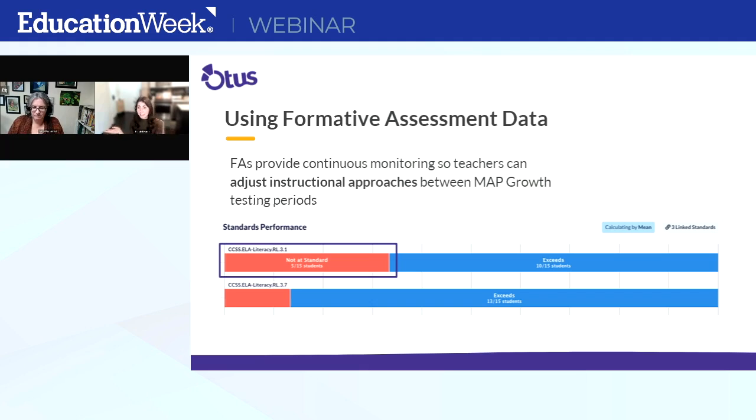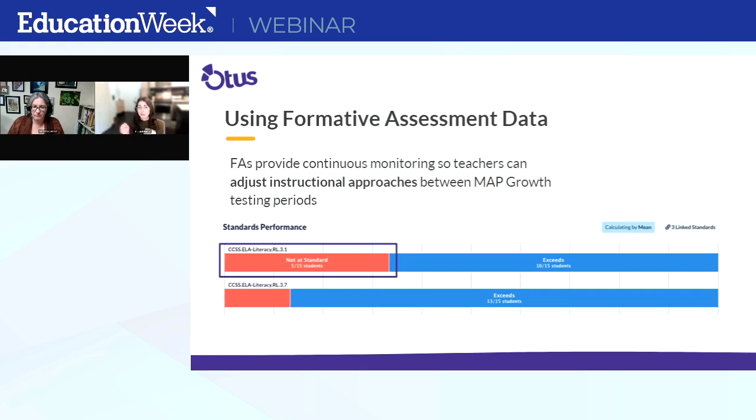Let's say that MAP growth identifies reading literature as an area of opportunity for your students. As a teacher, I'm then going to administer a formative assessment on maybe 2 standards from within the reading literature bundle, I'm looking at a 3rd grade standard here, based on where we're at in our instructional unit.